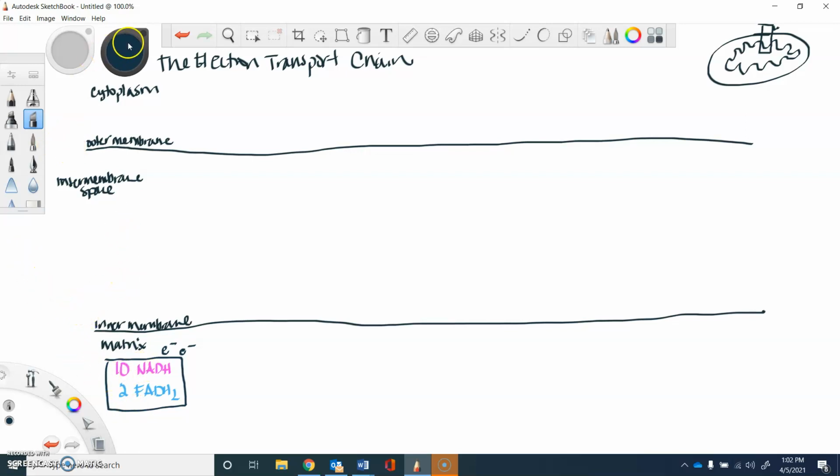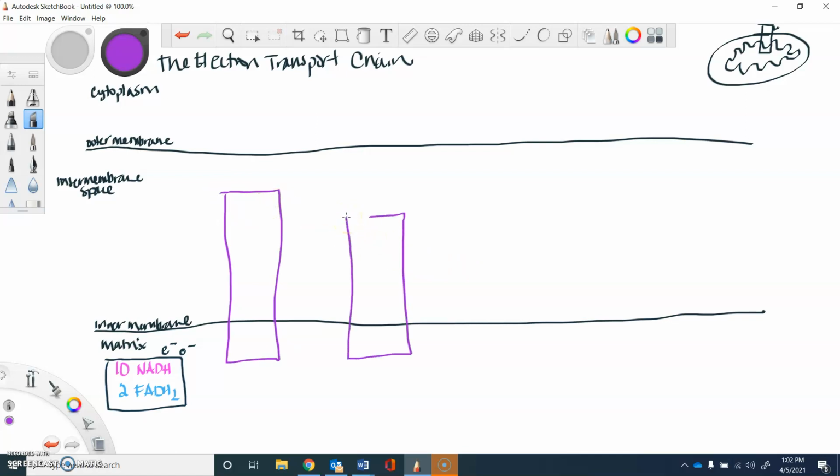Well, in the membrane, there are proteins lodged in the membrane, and there's a sequence of them. And these proteins are little pumps.